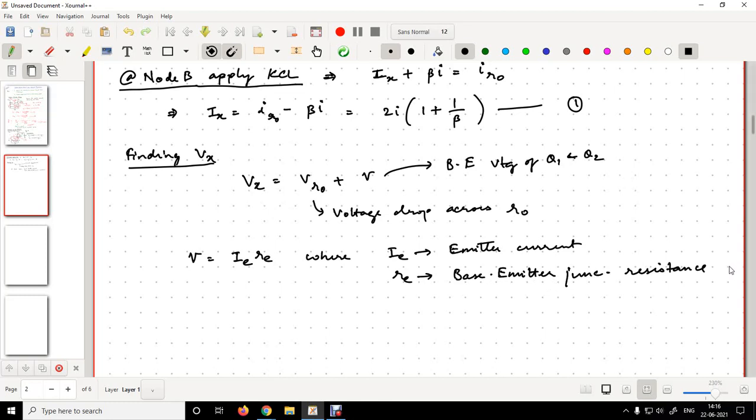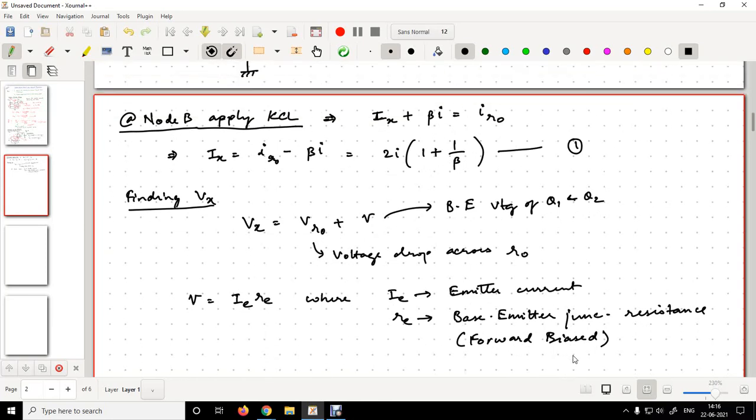Always remember that base emitter is forward biased, so this RE is the forward biased resistance, which is a very small value.